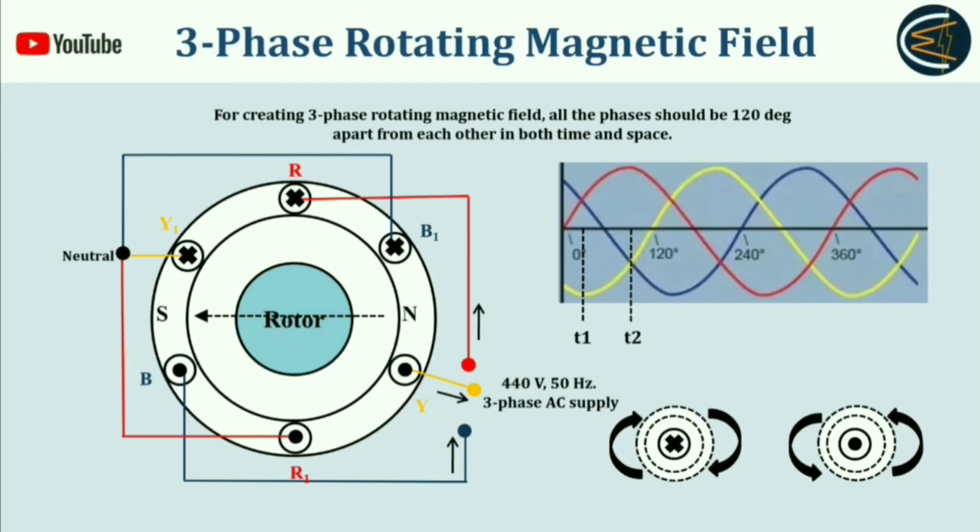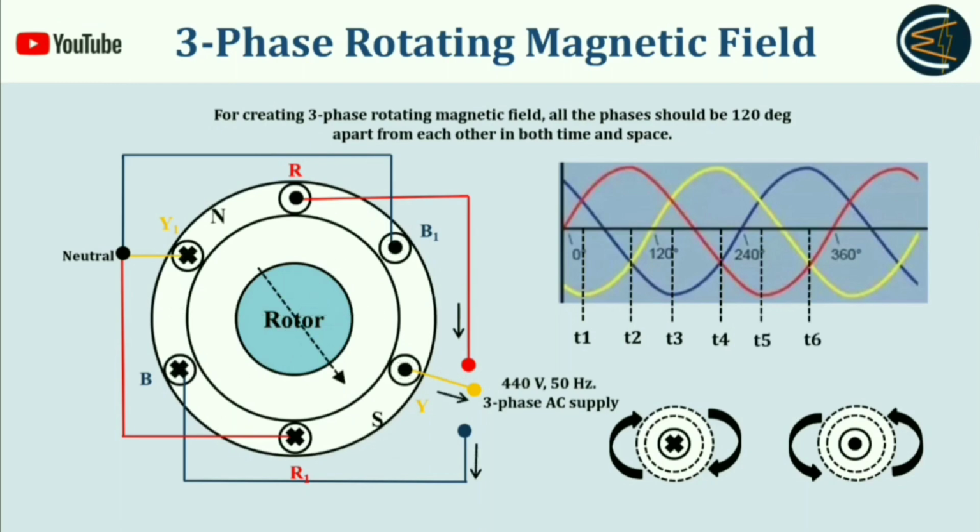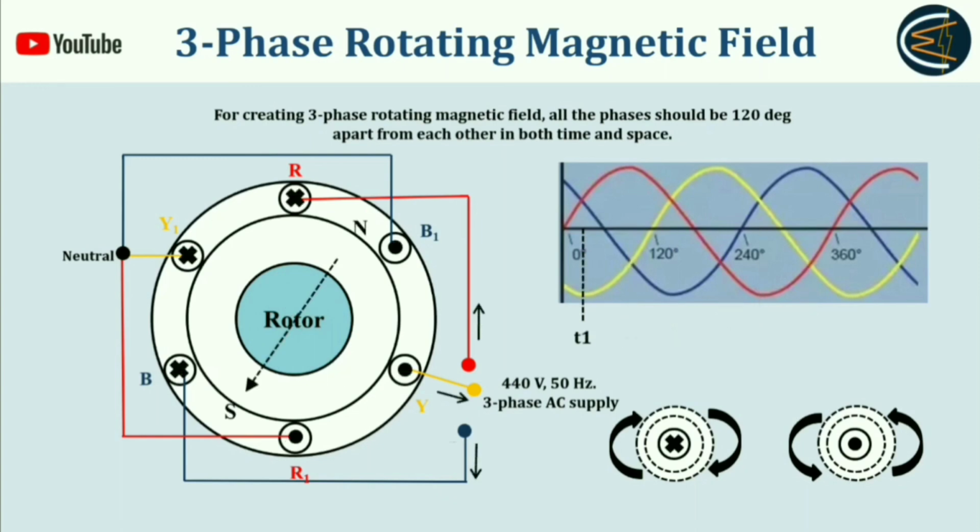This is how, if you go on, you will get different arrangements, and that is how the pole locations will be changing, and accordingly the magnetic field direction will also be changing. As you can see, it is continuously changing, and it is just rotating. Let's see once again.